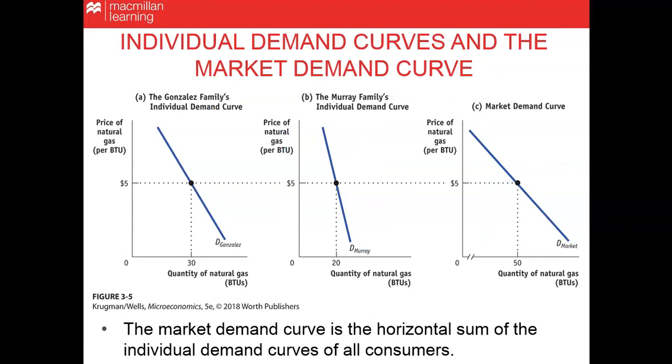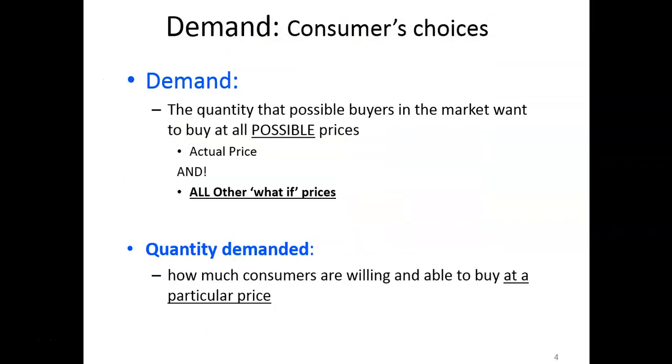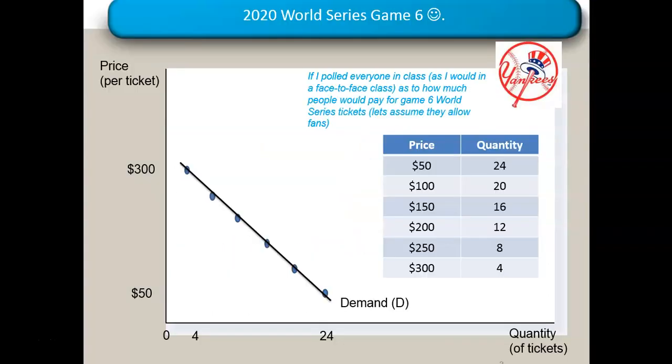Each individual in the market has their own demand curve. Like I would have a demand curve with the Yankee example, right? Let me actually go back for a second. If the price was $50, I don't know, I'd probably get 6 tickets and bring some friends. If the price is $300, I would probably get 1 ticket and wave to my wife as I go to the train station, because I would go by myself.